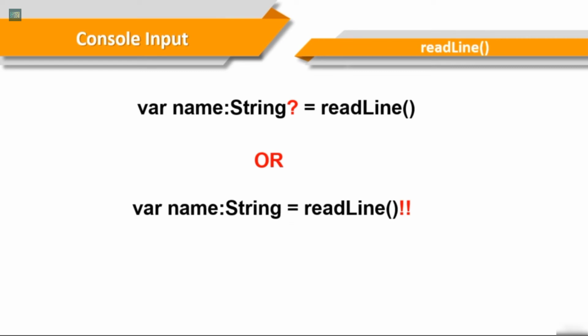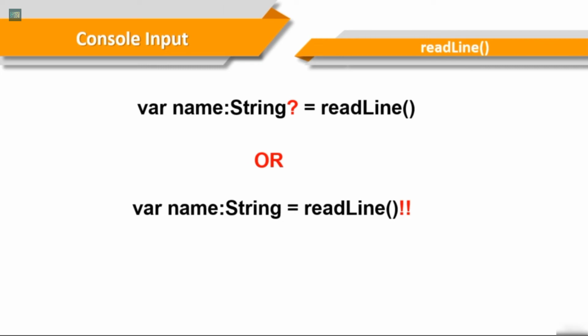This means that the variable we defined may or may not contain data, because we ask the user to enter data and the user may not actually enter any data. We're not going to know, but we don't want to throw an error. So even if the user doesn't enter any data, we can prevent the program from failing.